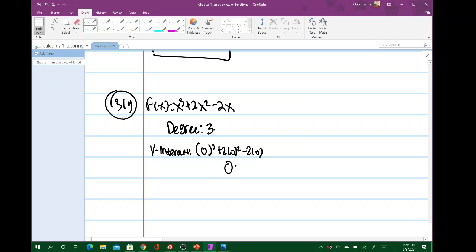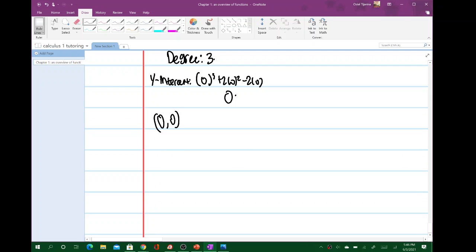You can still work it out if you want, but the more you start to see the pattern, I can automatically assume it's 0, because if I plug in 0 for all of these x's, I'm going to get 0 no matter what, even if I subtract or add. So the y-intercept is just 0, 0, right? And then the x-intercept, or actually the zeros of this polynomial.